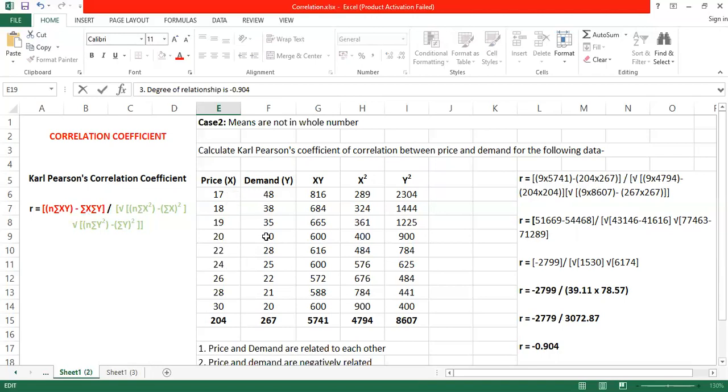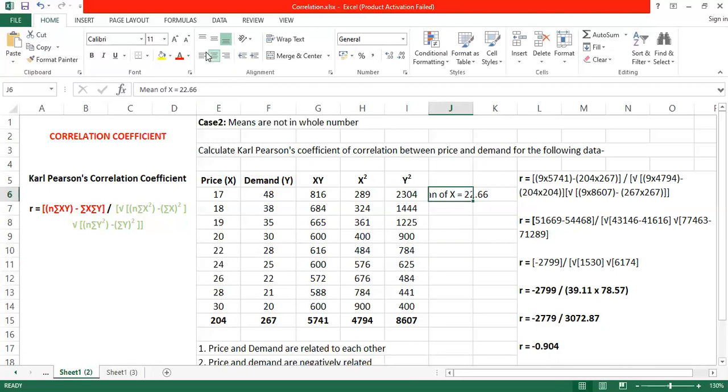Suppose we are supposed to do so, then I could have used this part, say mean of x equals to, now see it is 204 the summation and we have 9 values. So 204 divided by 9, it would have come 22.66.